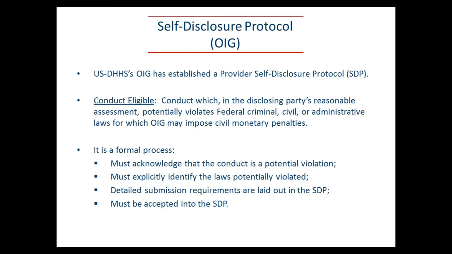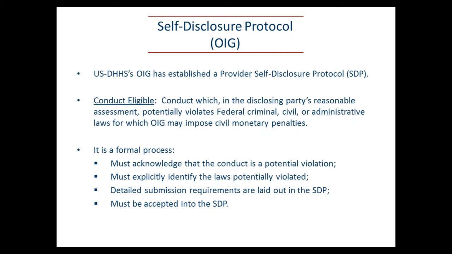And the eligible conduct under the SDP is that the disclosing party has made a reasonable assessment that the conduct at issue has potentially violated a criminal, civil, or administrative law for which the OIG is able to impose money penalties. That's a pretty broad standard.